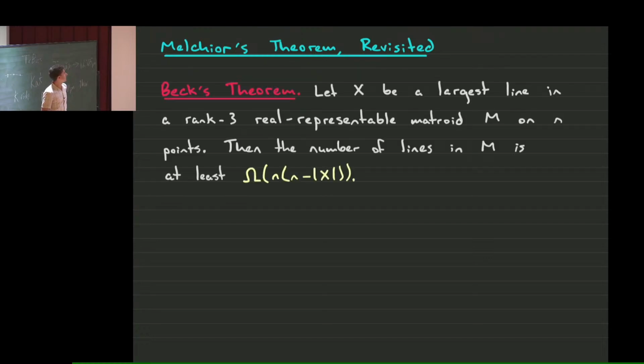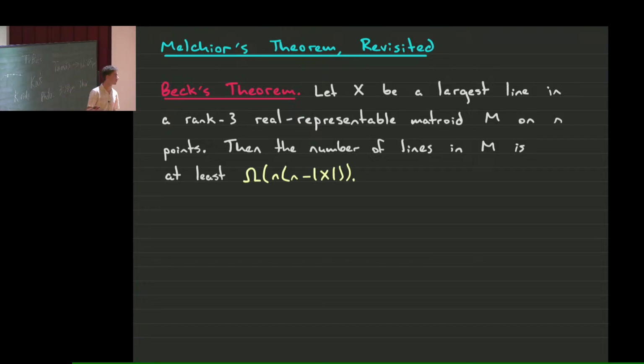What gave us the idea that we could get another proof of Melchior's theorem was this theorem of Joseph Beck from 1983. Beck's theorem is a fairly classic result in discrete geometry. What it's saying in matroid language is an approximation on the number of lines in your matroid, and it's a good approximation.